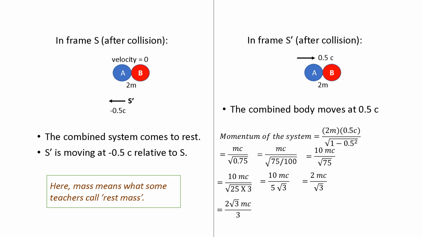So mass of A is m, mass of B is m, so mass of the combined body is 2m. We simplify and we find that the momentum of the system after collision in frame S prime is 2 into square root of 3 into m into c divided by 3.